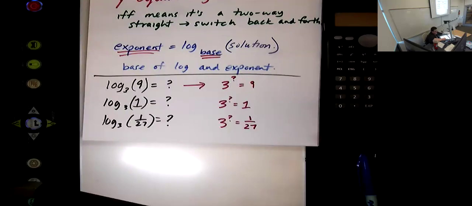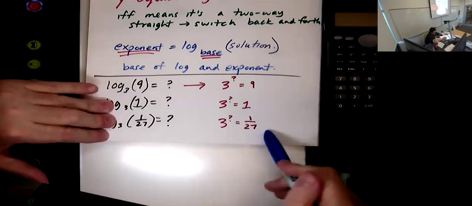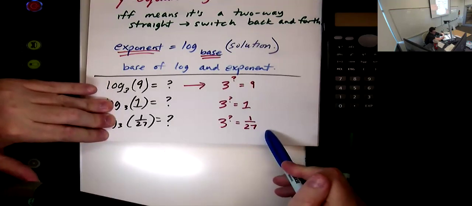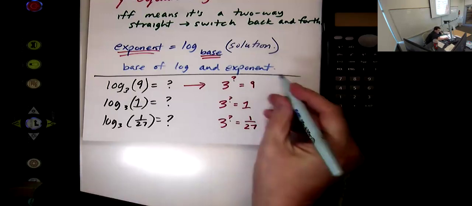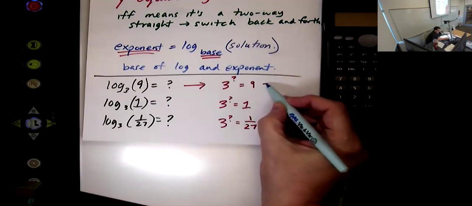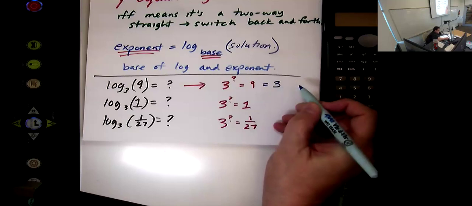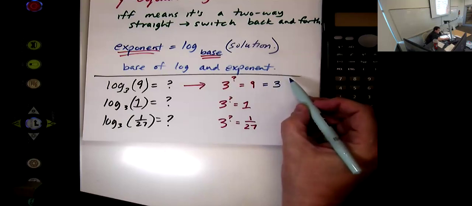The way to do these without a calculator is to ask, how can I write the thing on the right in terms of the number on the left with an exponent? Can I write 9 as 3 to some power? And if so, what power?